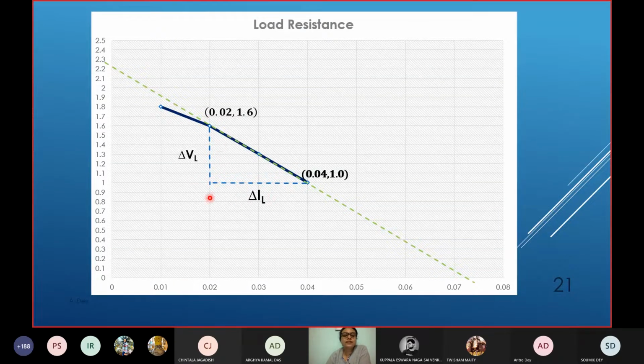So what is delta VL? This one is 0.02 and this one is 0.04. So the length is 0.04 minus 0.02, that is 0.02. And delta IL is 1.6 minus 1, that is 0.6.